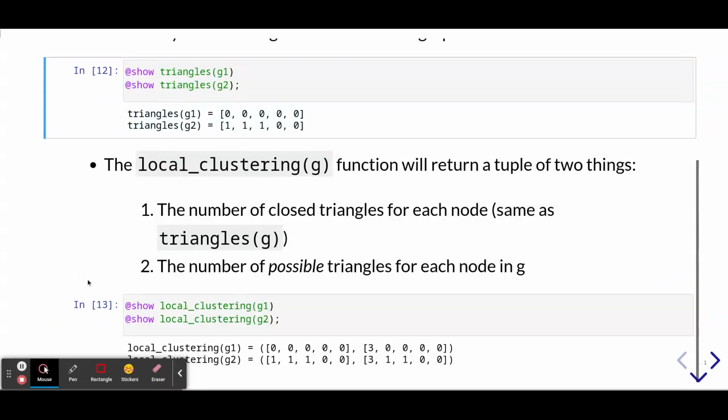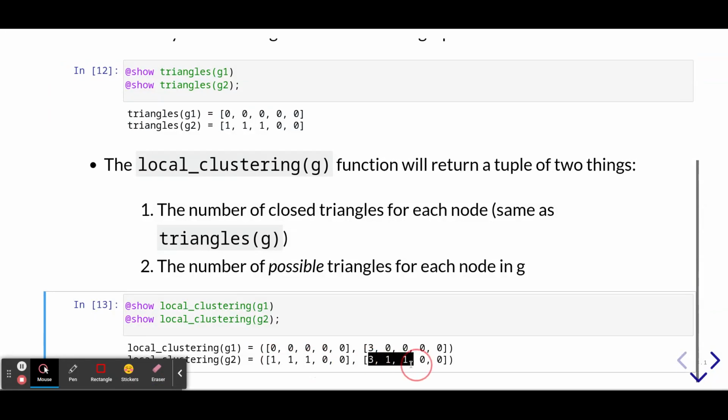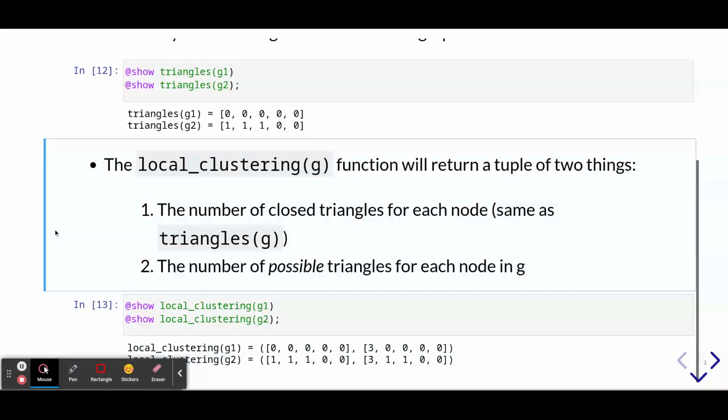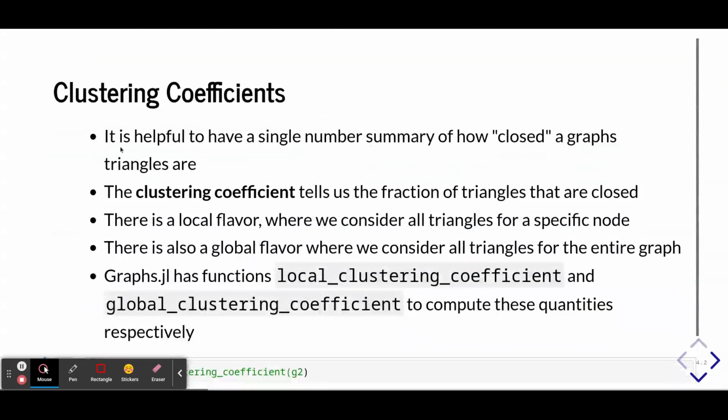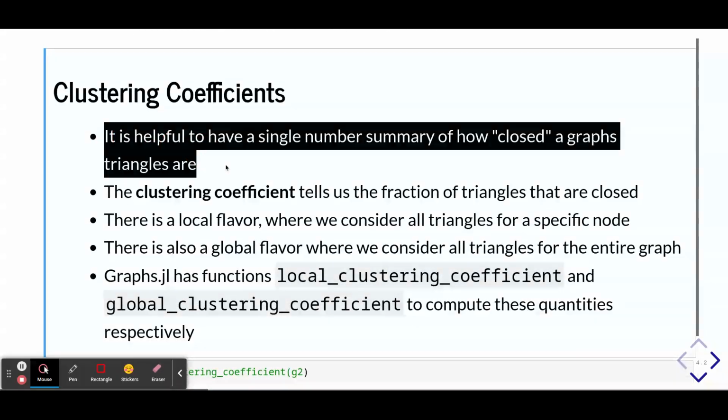In addition to counting closed triangles and potential triangles, there's another concept that we sometimes talk about, which is known as the global or the clustering coefficient. Often it's very helpful to have a single number that describes how open or how closed the triangles are in a graph or for a specific node.